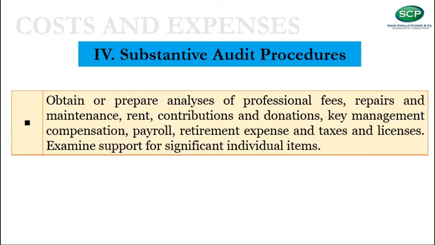So we examine support for significant individual items of these types of expenses. So we should also scan professional fees to determine the types of outside services by the company that may need further investigation. These are the reasons why we single out these types of expenses.